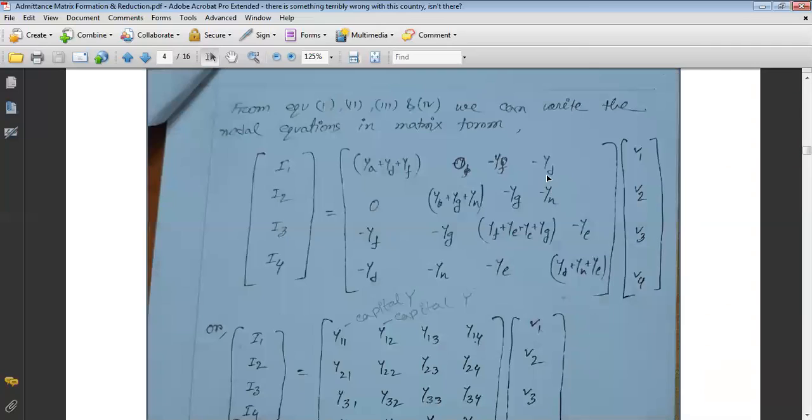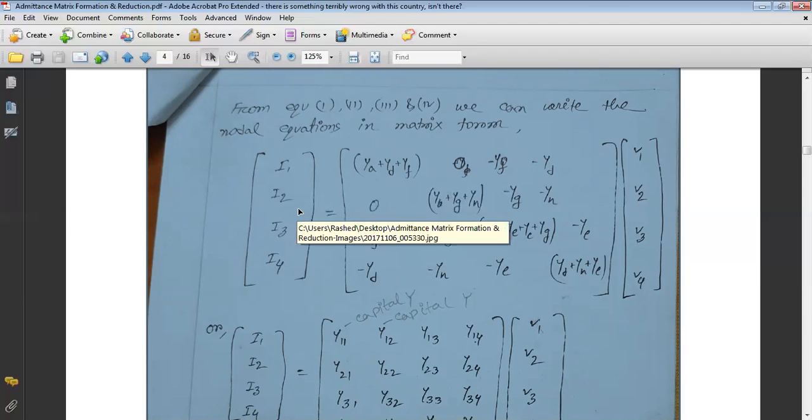So here there should be minus YD. So this is how we can formulate the matrix from the equations. This is equation number 1, or I1, and this coefficient row contains the coefficients of bus voltages in the equation of I1.